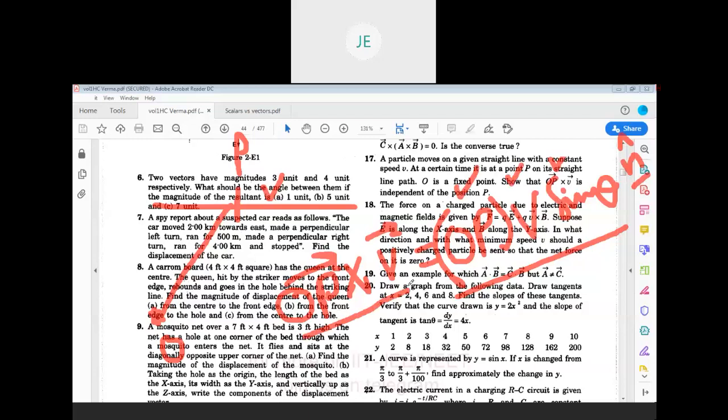Am I correct? And they have given V as already constant. It is moving with a constant speed. So V is constant, and we have to show OP sin theta as constant. Then OP cross V should be constant.